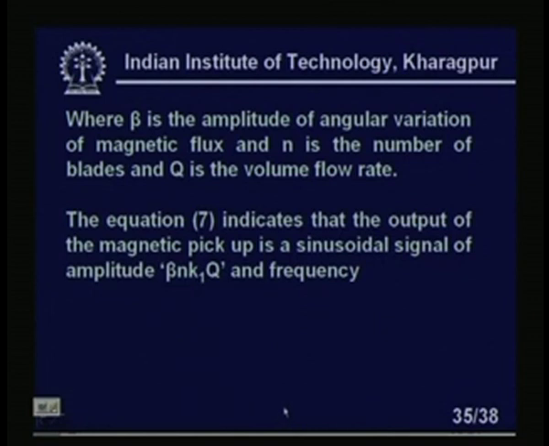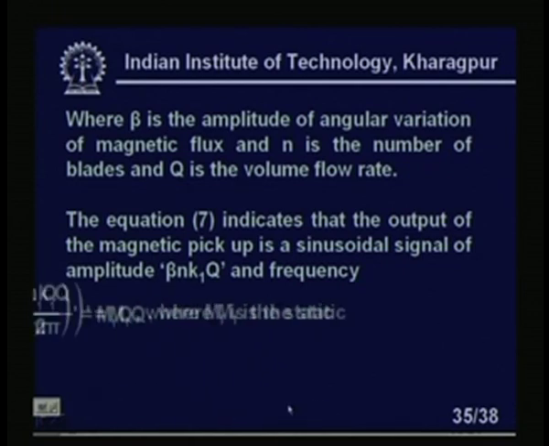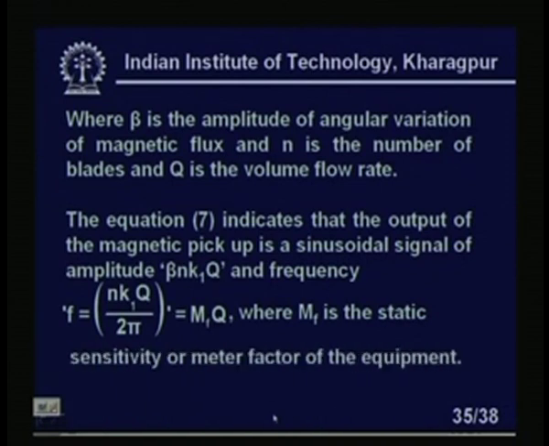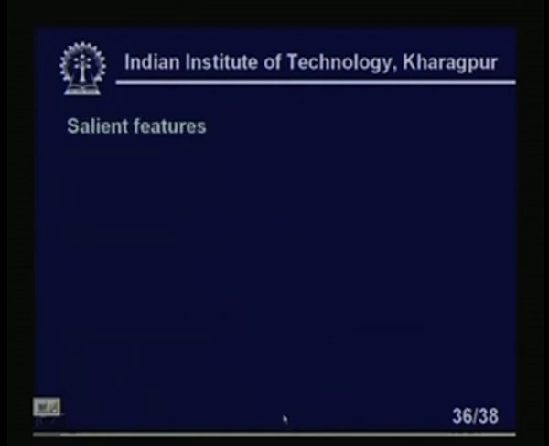Equation 7 indicates that the output of the magnetic pickup is a sinusoidal signal of amplitude beta n q and the frequency is n K1 q by 2 pi, which can be written as m_f into q, where m_f is called the static sensitivity or the meter factor of the equipment, right.